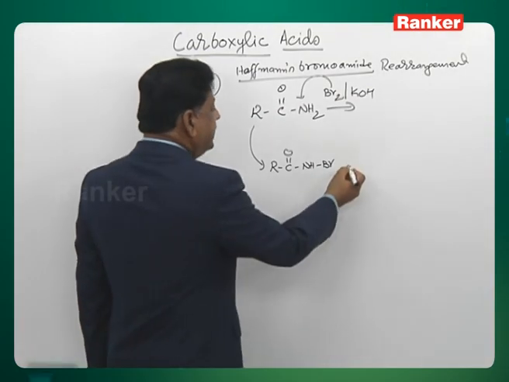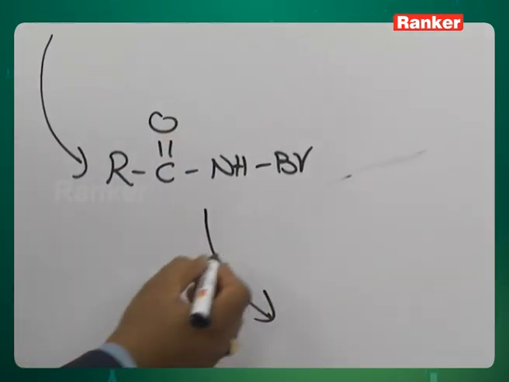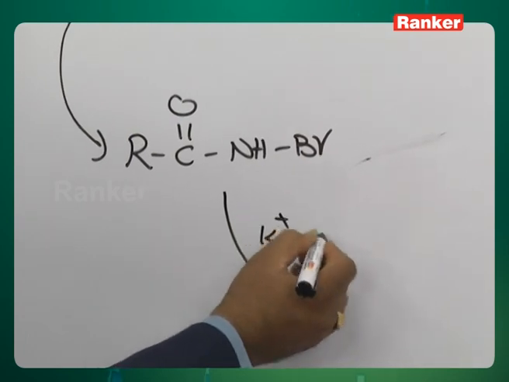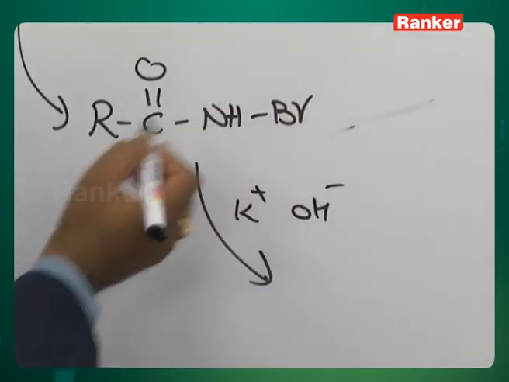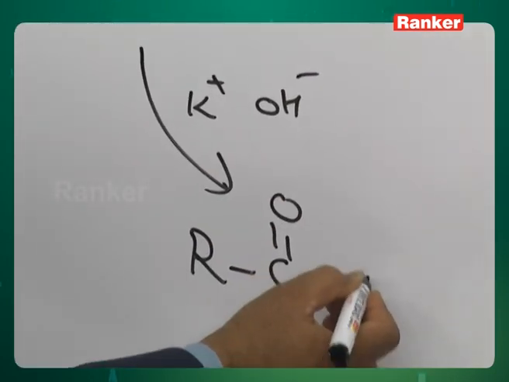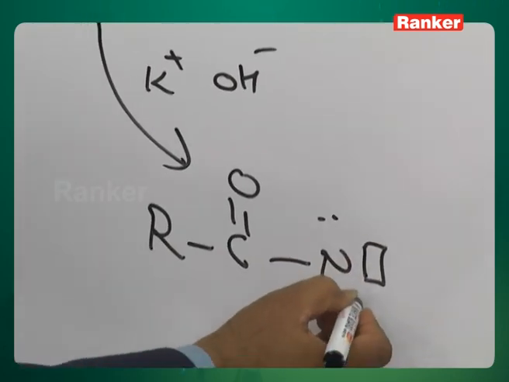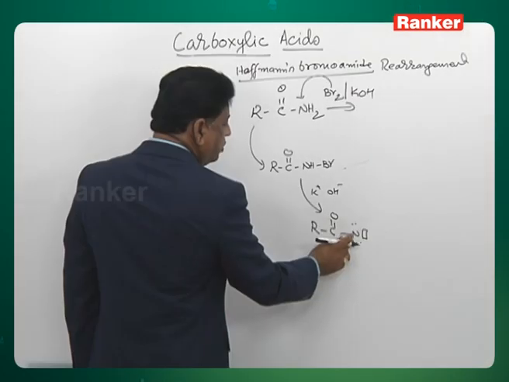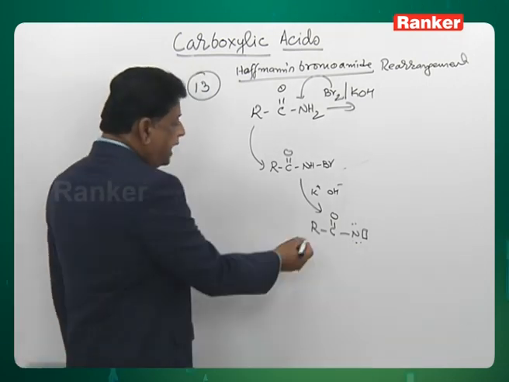The next step: KOH in alkaline medium gives K+ and OH-. K+ will take away Br- and OH- will take the hydrogen. Subsequently you get a nitrogen with a lone pair, a vacant orbital and a negative charge. This electron-deficient nitrogen is called a nitrene, acyl nitrene.